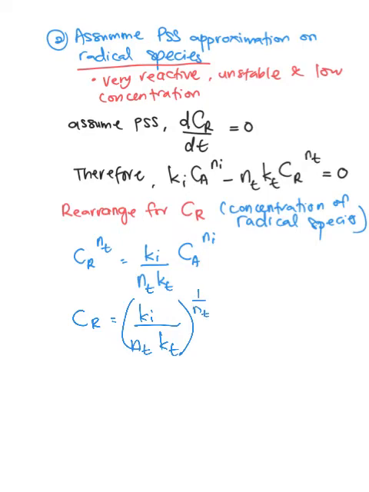So this one is all about mathematics. Multiply with Ca power of Ni per Nt. Okay. So this is the concentration of radical species.